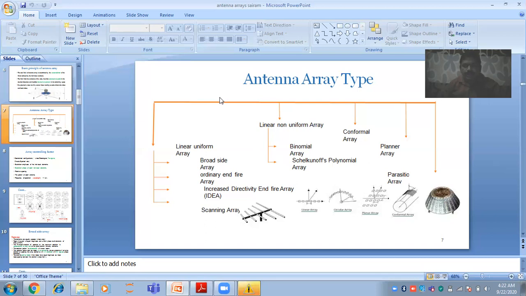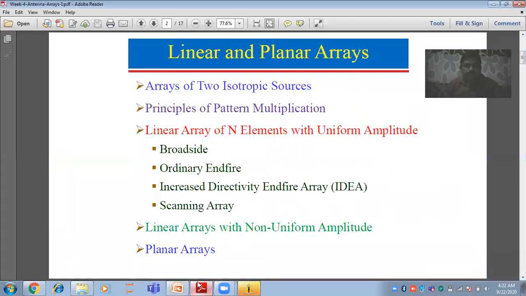So that n-element array will be studied in the coming classes. So now today, we are aiming at the study of the two-element array, and its different cases. Now I will share that two-element array.